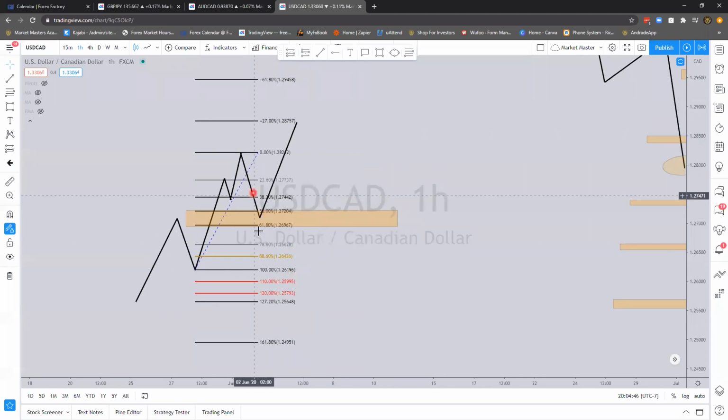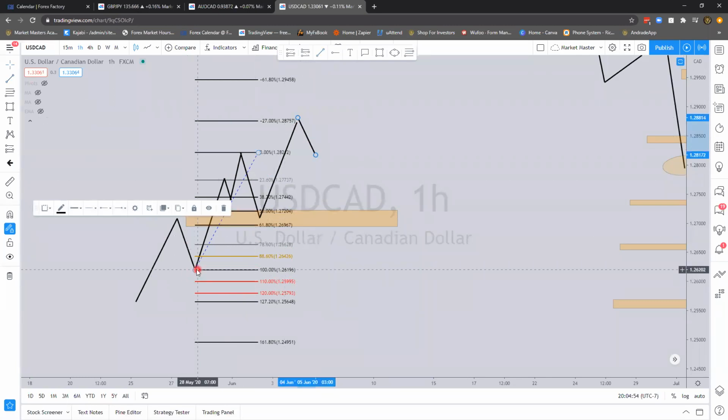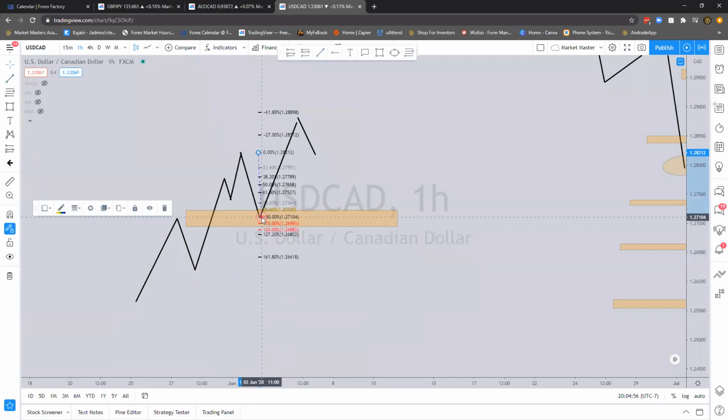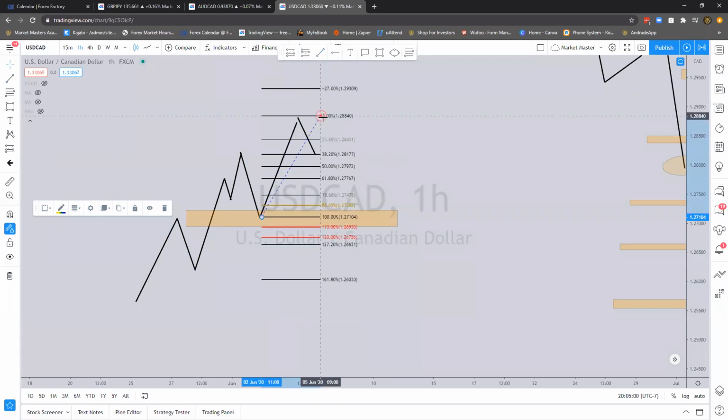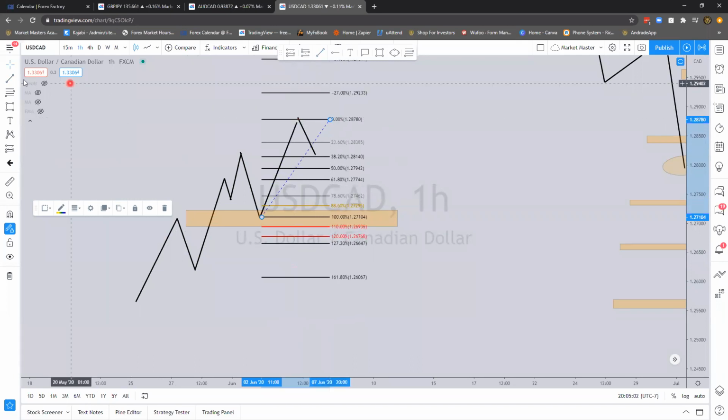But you're going to notice that you'll constantly see these areas where price comes up and as it's coming back down, we adjust the 100% at this new higher low, and then the 0% at this new higher high.